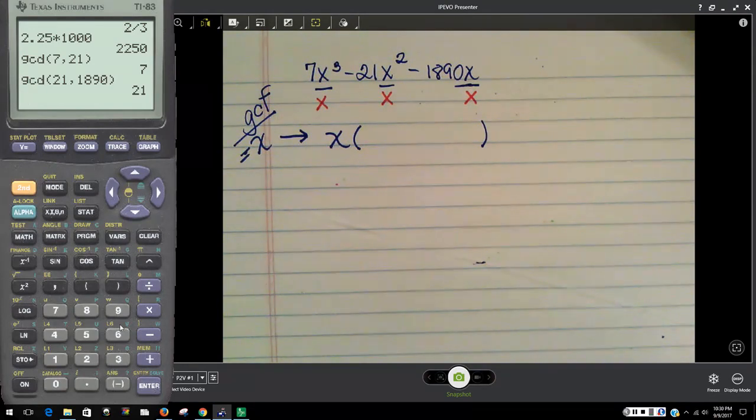The greatest common divisor of 7 and 1890 is 7.